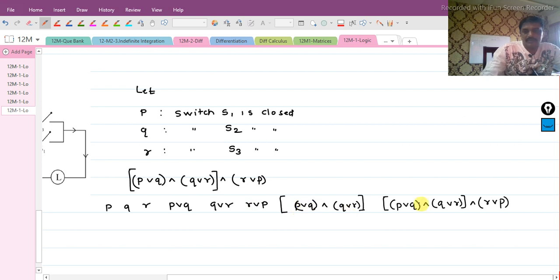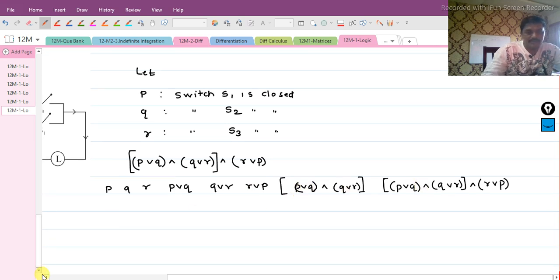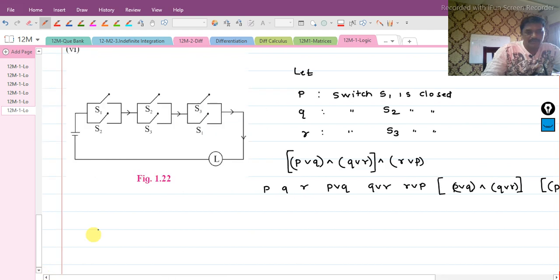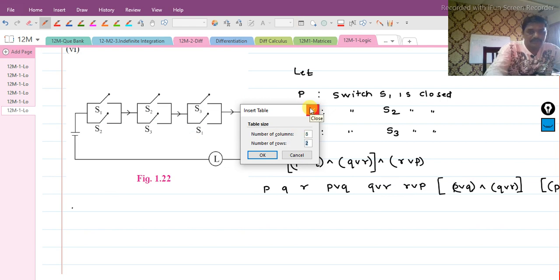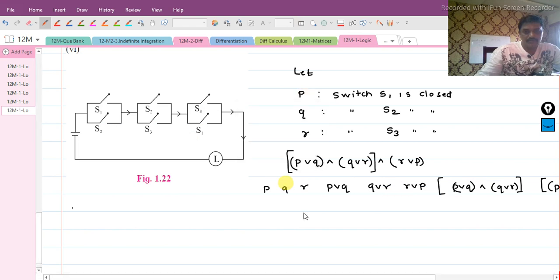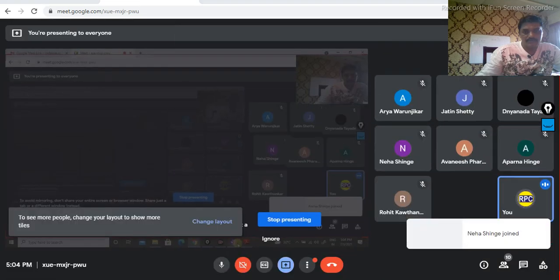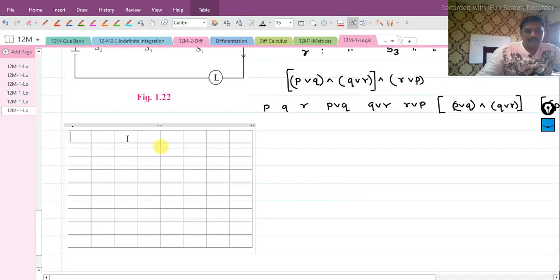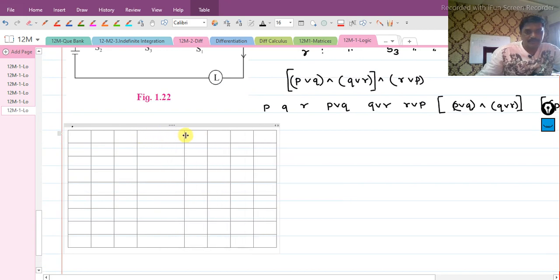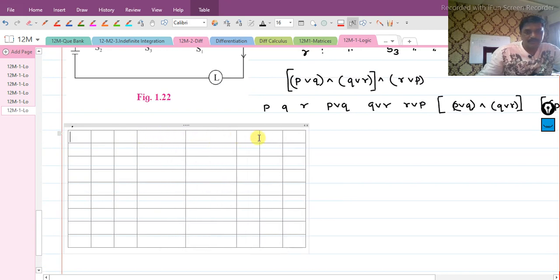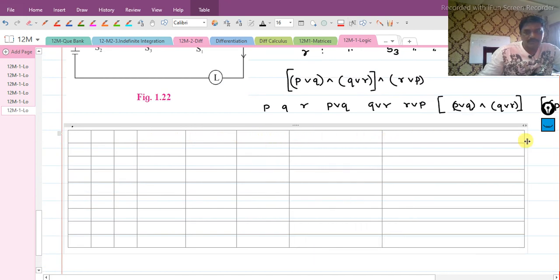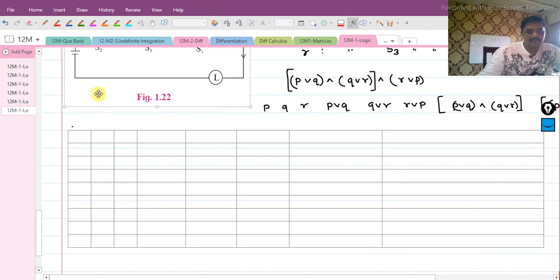So it's going to have 8 columns and 9 rows. Okay. So there are 8 columns and 9 rows. P, Q, R, P or Q, Q or R. Now let's get going.